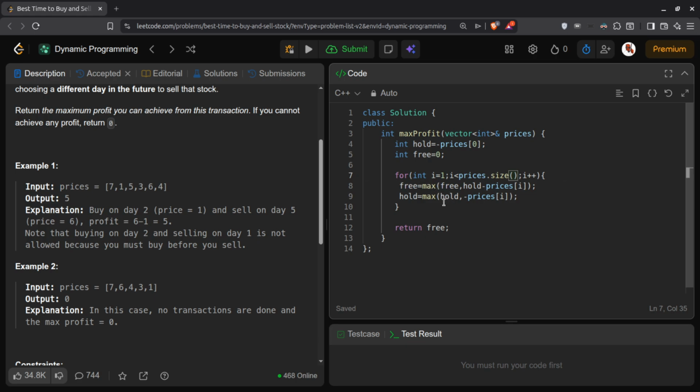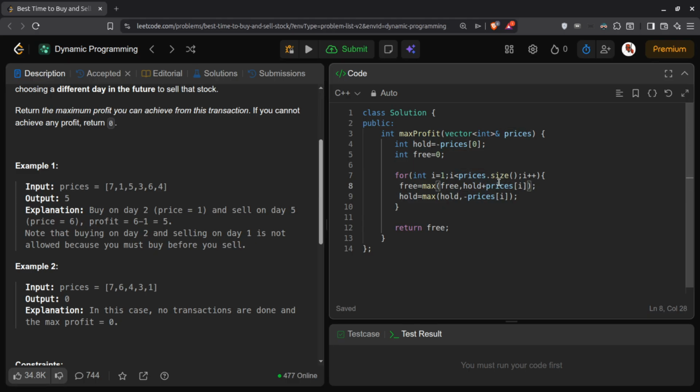Then we'll go over to hold. Hold is minus 7 and the price is minus 1, so we'll take minus 1, so hold will become minus 1. Then again it will iterate. Wait a second, oh sorry, there shouldn't be a minus, it should be plus.